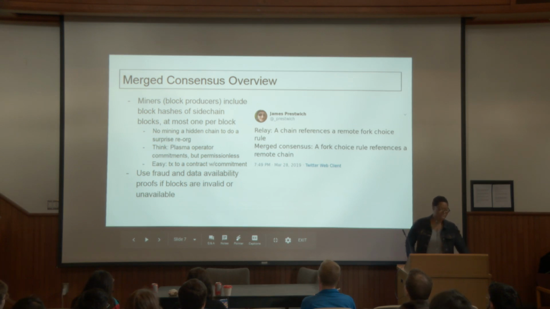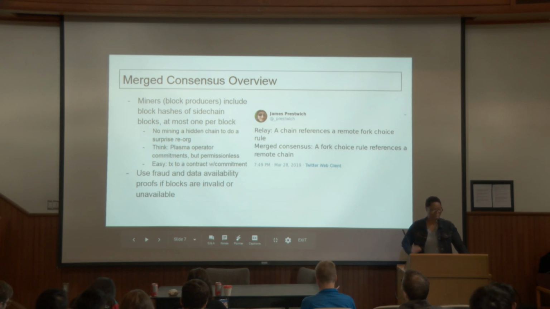So the gist is, instead of the sidechain having to do a lot of the work, the miners on the main chain do the work, but they don't really realize they're doing work for two chains. And that's quite powerful. In some future slides, we'll go into detail about how you can have some interesting transaction fee markets.